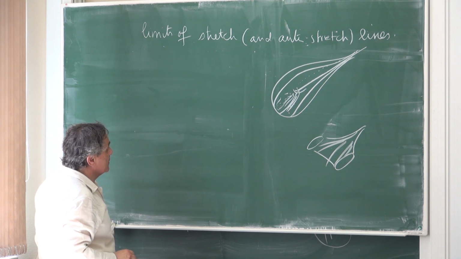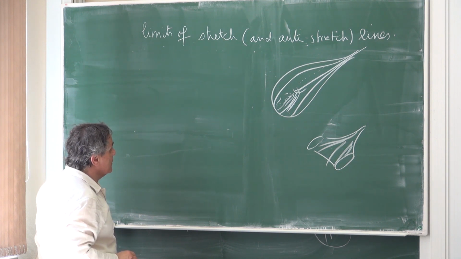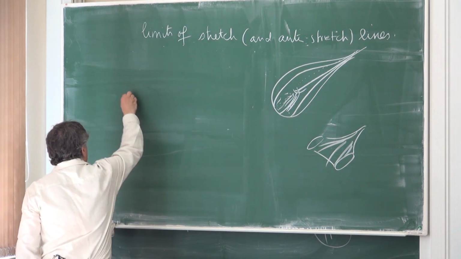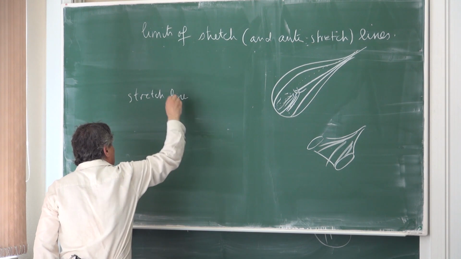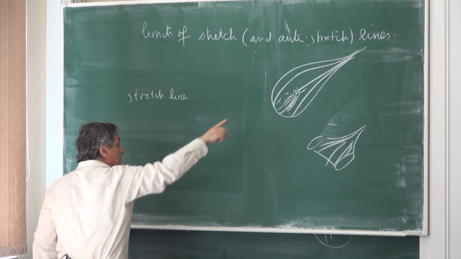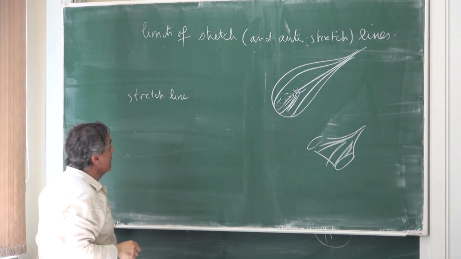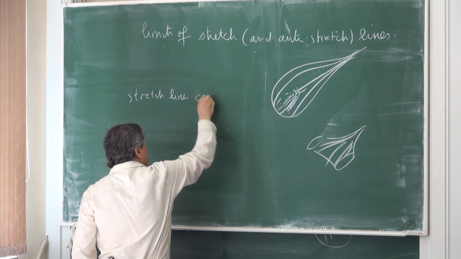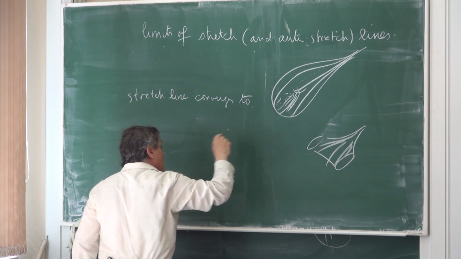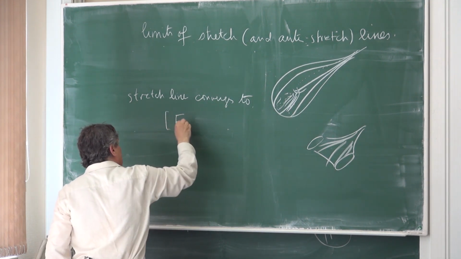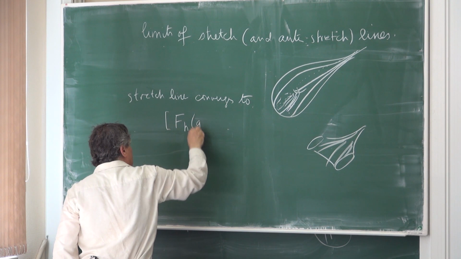And then what we said is that the stretch line associated to this picture converged to the point on the Thurston boundary, which is this horocyclic foliation.